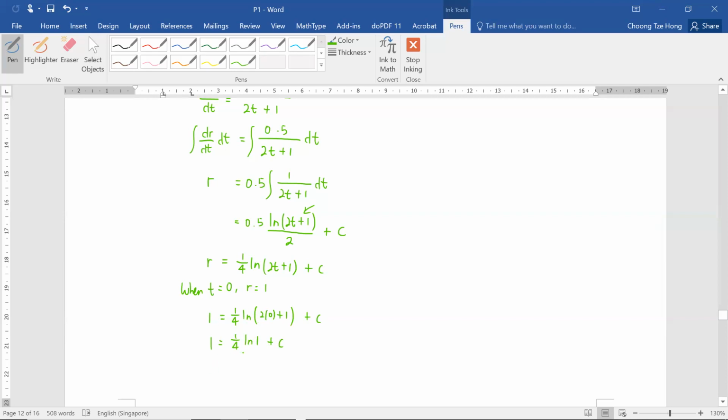So since ln 1 is 0, 1/4 times 0 is 0. So in this case, c is going to be equal to 1.